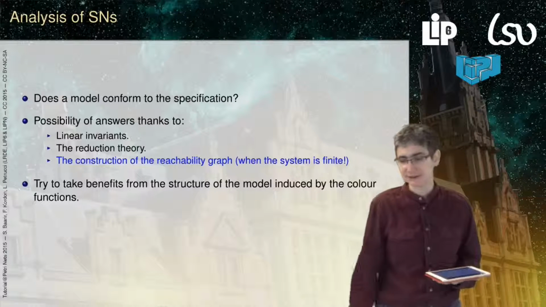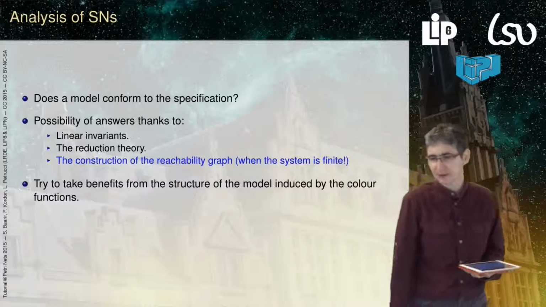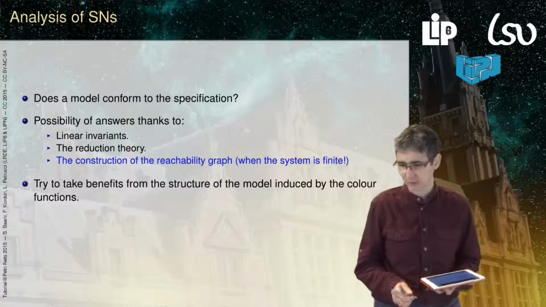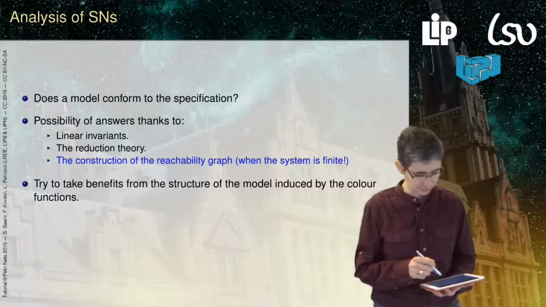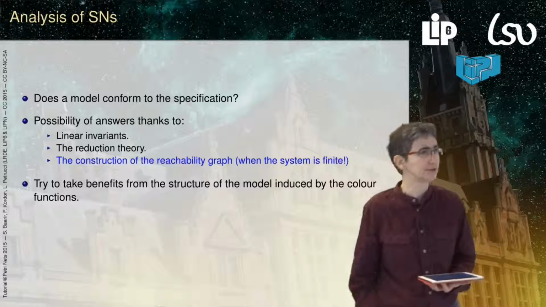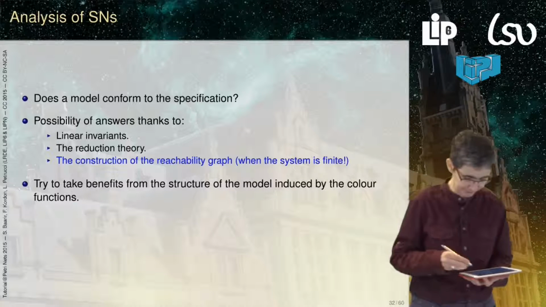We'll focus on this part here, and we'll try to take benefit from the structure of the model that is induced by the color functions, and we'll have different kinds of graphs later in the tutorial.